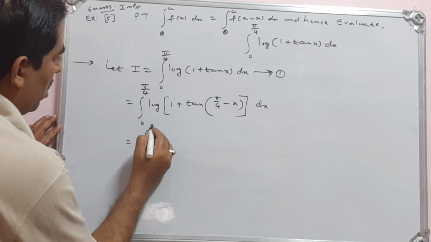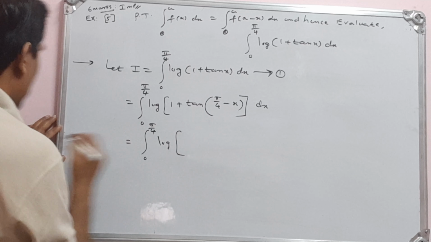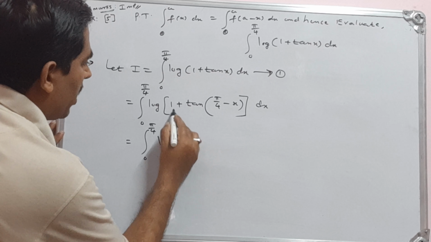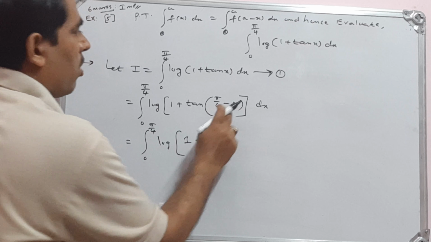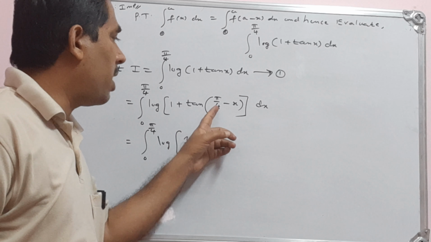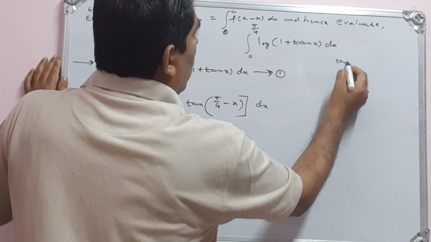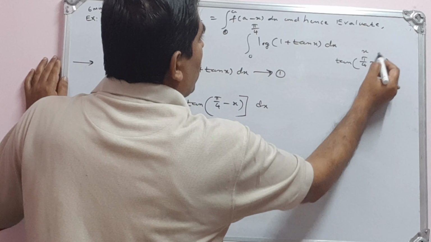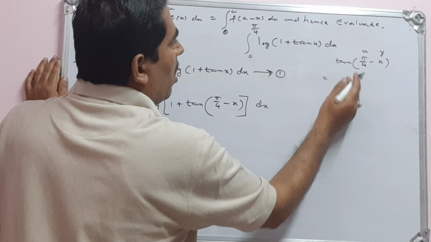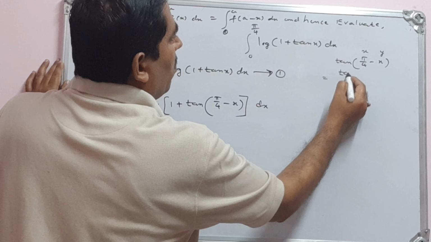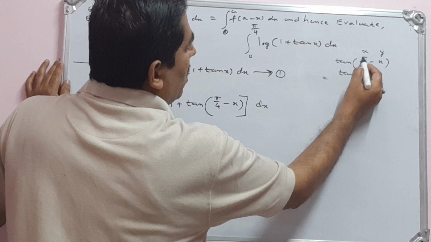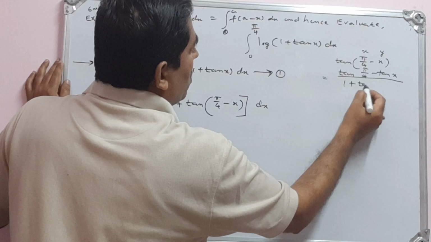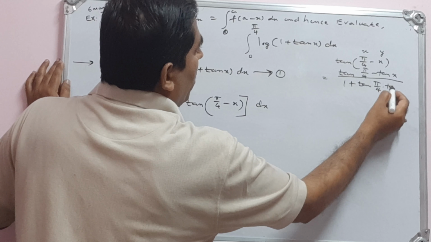Don't write anything here. First observe what I am saying. Log of 1, I will write this 1 as it is, plus tan of pi by 4 minus x. In first PUC we have the formula for tan of pi by 4 minus x. Let me show it here: tan of x minus y, where x is the first angle and y the second angle. The formula is tan x minus tan y divided by 1 plus tan x into tan y.